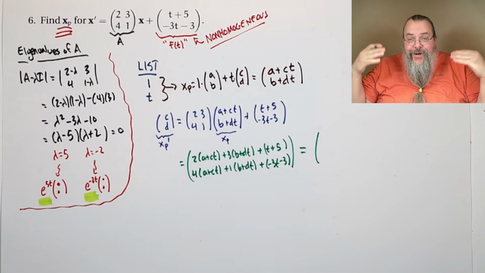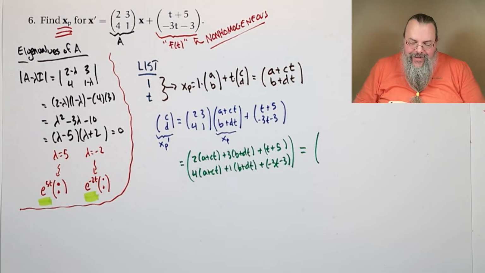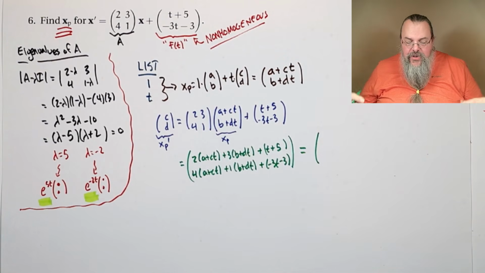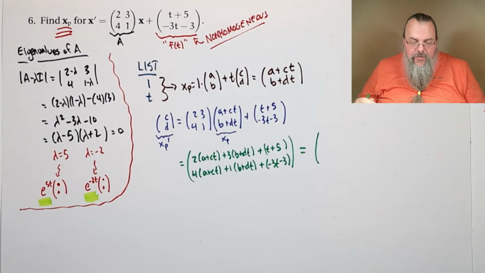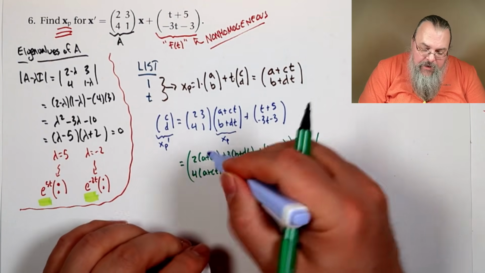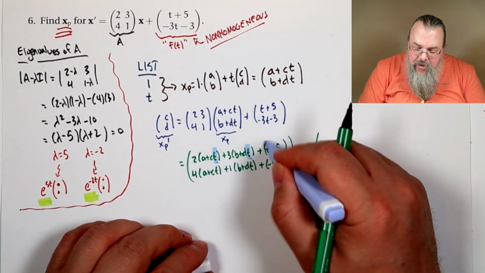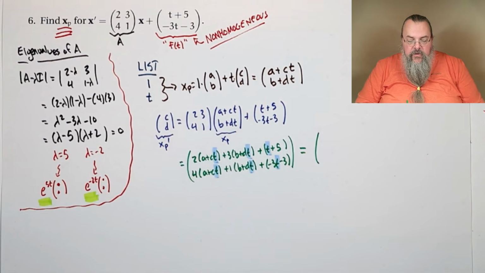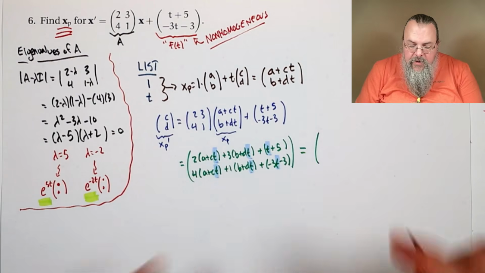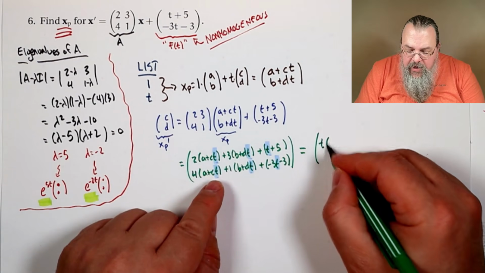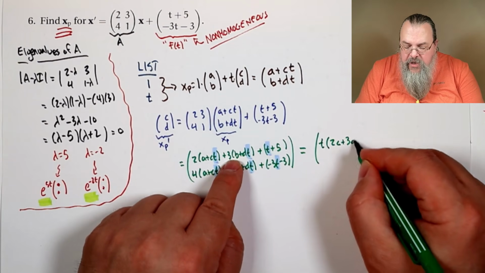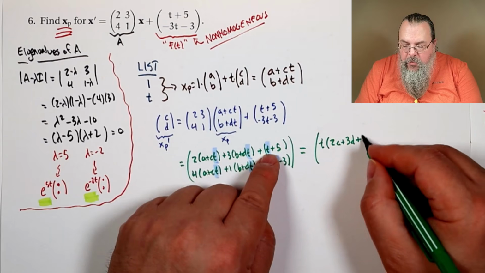We're going to enter our hunter-gatherer phase and find all the things attached to the t and all the things attached to the constants. For t's, you'll notice we have a t, a t, a t, t, t, t. So when we gather our t's, we get t times 2c plus 3d plus 1.